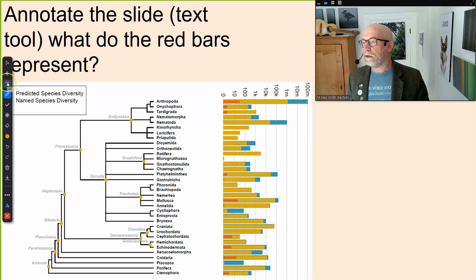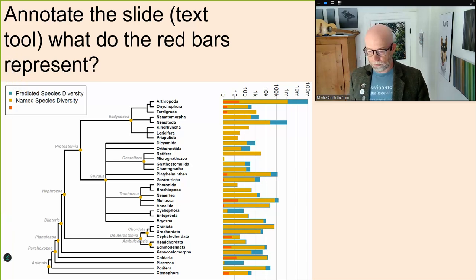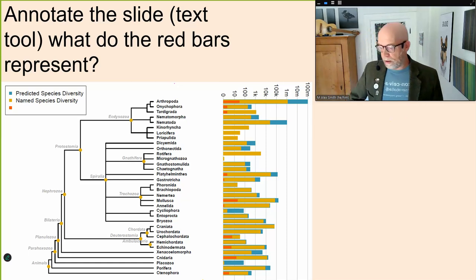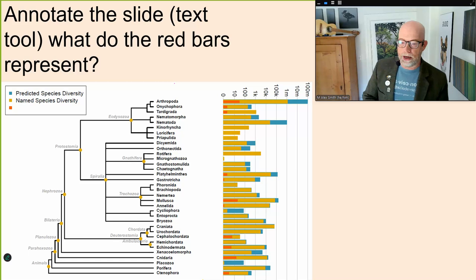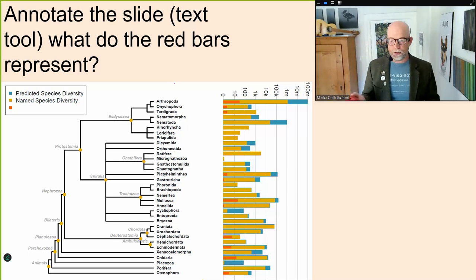So your annotate tool will look like that. What do the red bars represent, and what kind of patterns do you see with them?